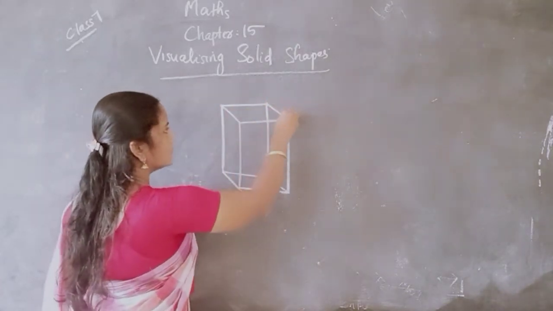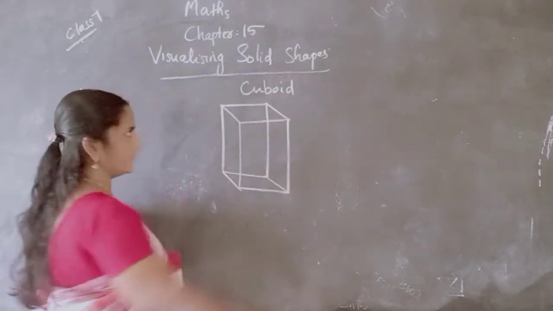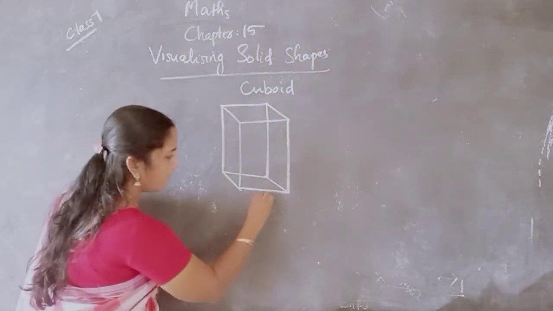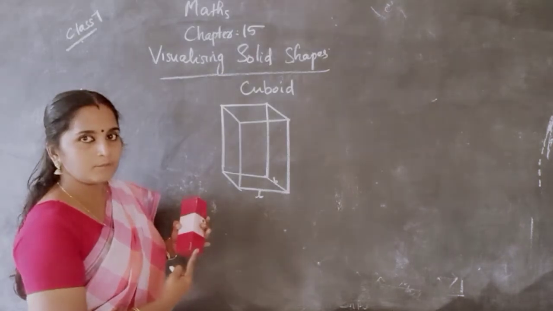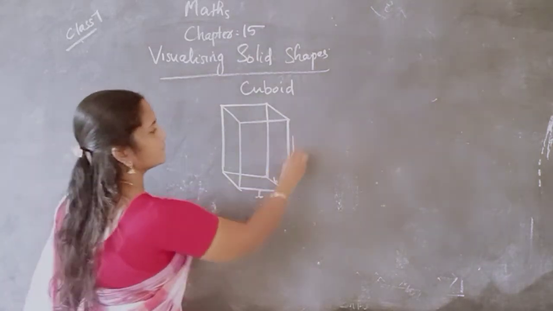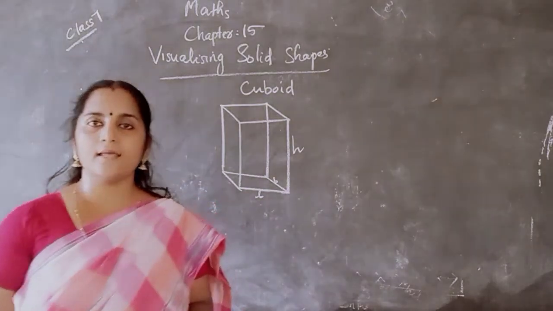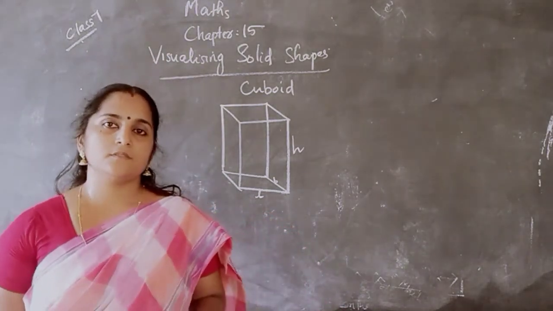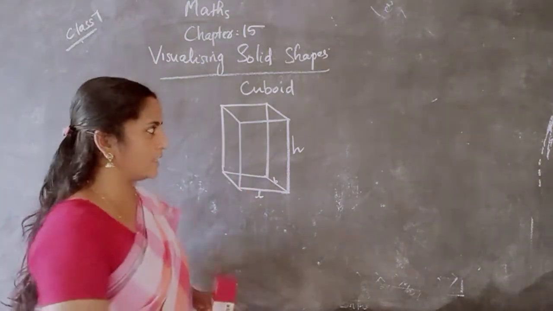So this is called a cuboid. It has length, breadth and height. Three dimensions are the length, breadth and height. This is a cuboid with 6 faces.